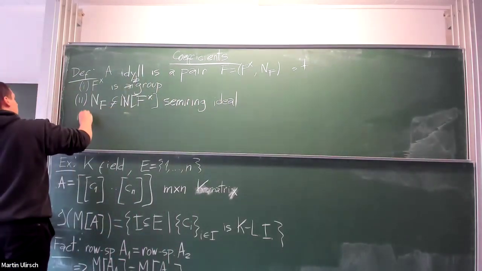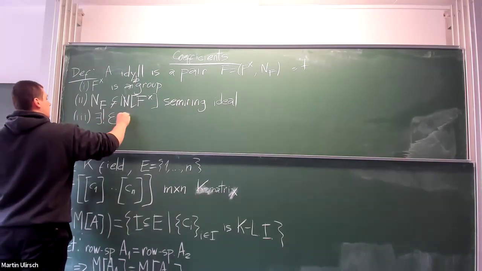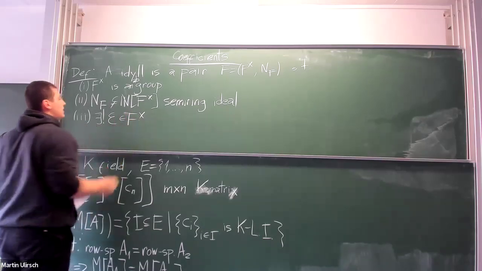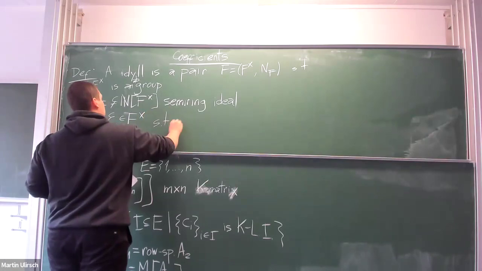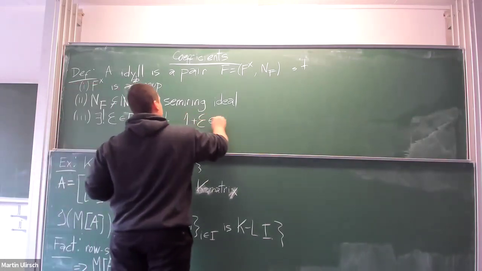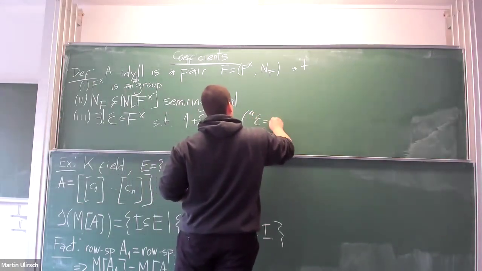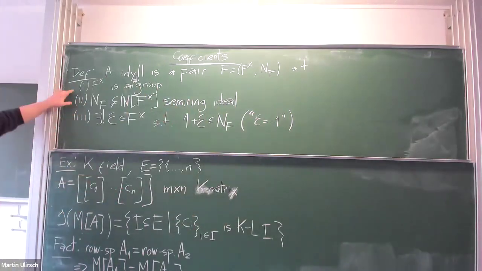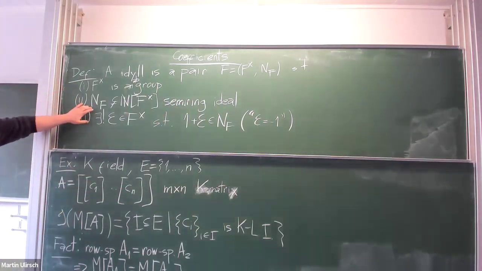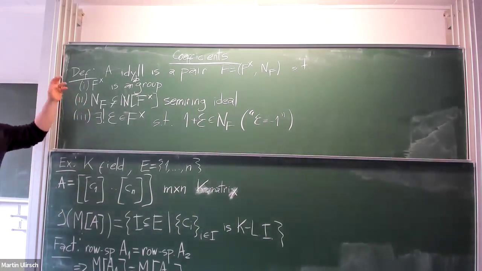And one more: there exists a -1. That's the idea here. So it's a group with a semiring playing the role of a null set of sums that are 0, and there exists a -1.